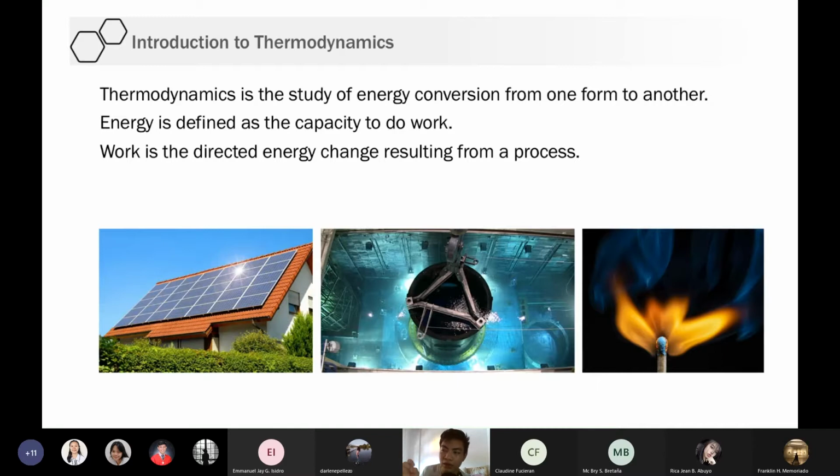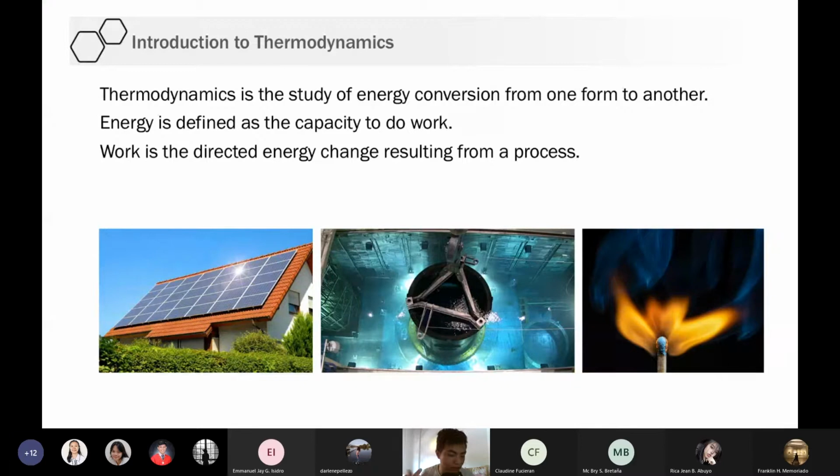So pag nag-boil yung water, hangin yon. Okay, so air, ano na yon, water vapor. And that air can actually push the generator. So pag umikot-ikot yung generator, magiging kuryente na. Okay? So basically, ang process sa nuclear power plant is from chemical potential energy to heat energy to work, no?